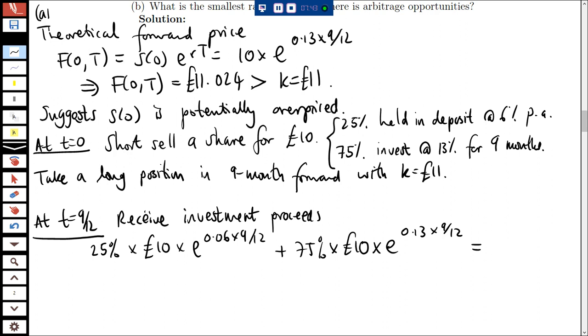So let's check this in the calculator. I haven't done it yet. Okay, drop all these numbers in. I make this £10.88 and drop the calculator.